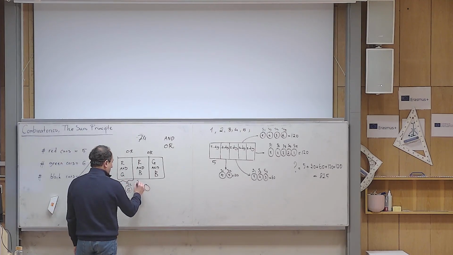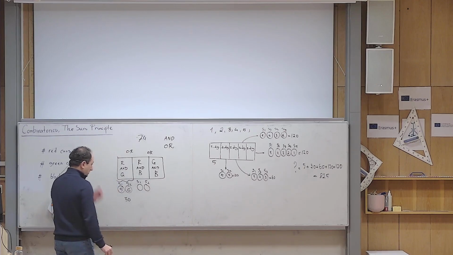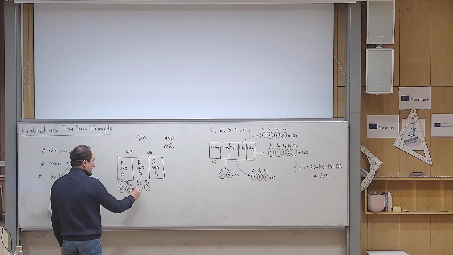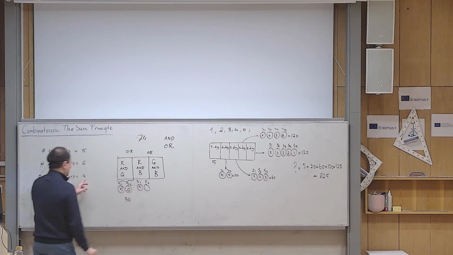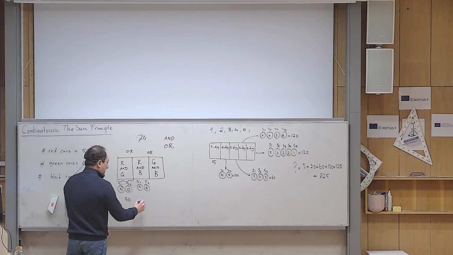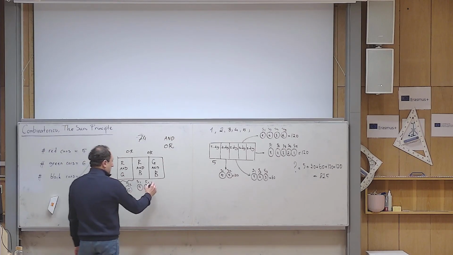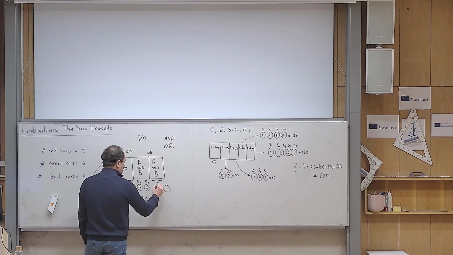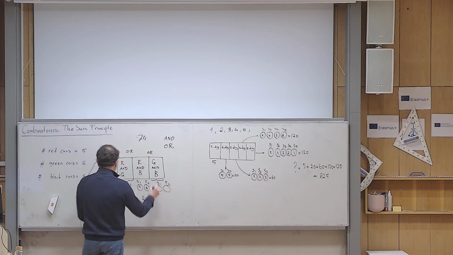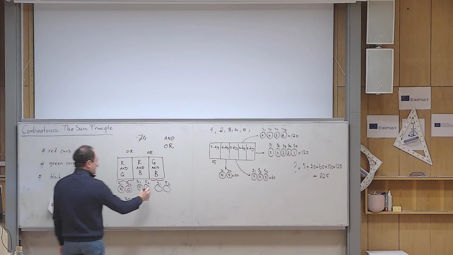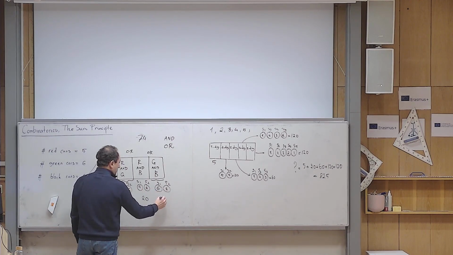So here, stage 1, stage 2. Choosing a red car is still 5, choosing a black car is 4, and this 4 is independent, so this becomes 20, and the same story here. Stage 1 and stage 2, here I have 6 options, and here I have 4 options, 24.